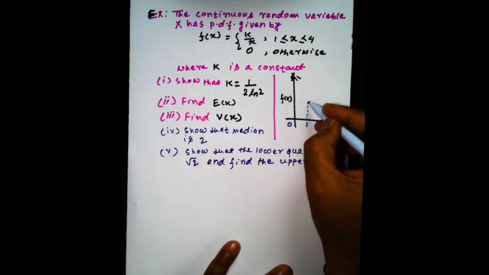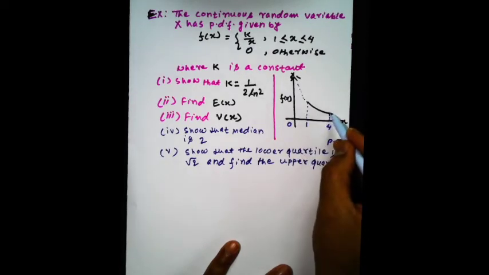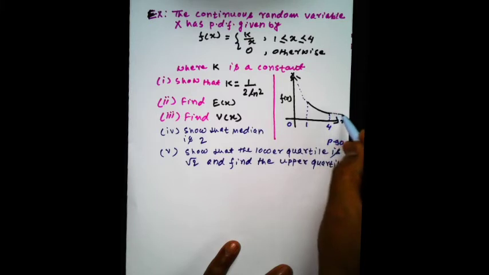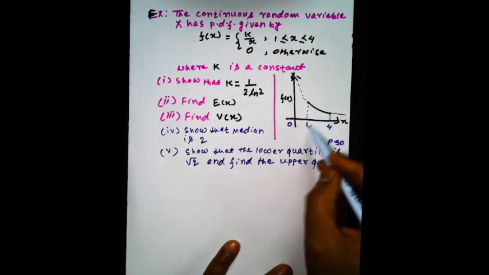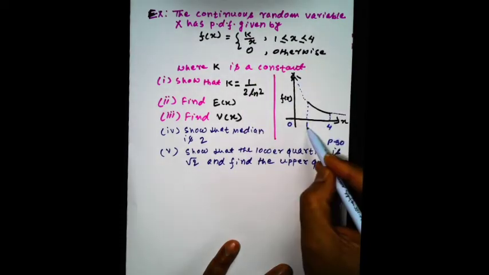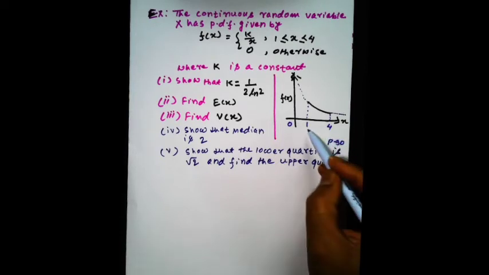Even though there is more of this graph below this point and beyond x equal to 4, statistically the probability is defined only in this range of x, that is between 1 and 4 inclusive.